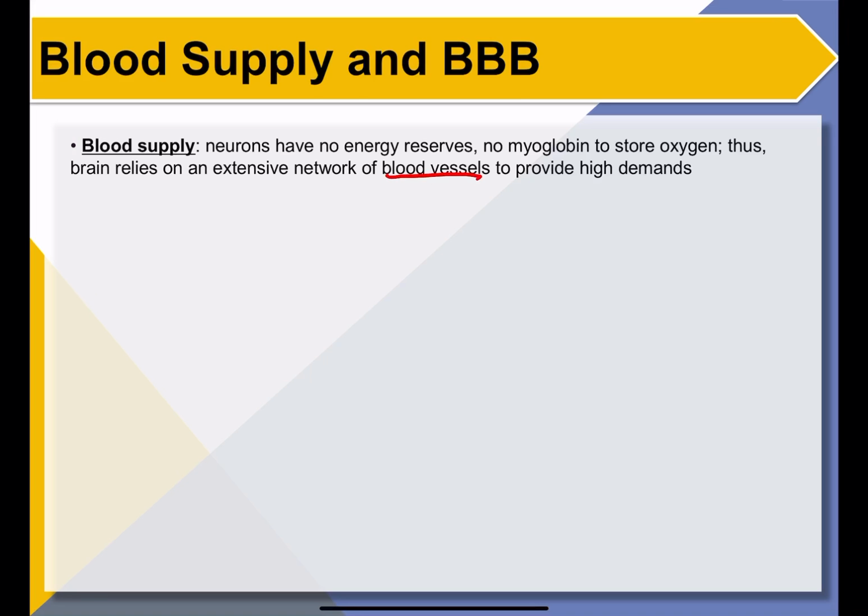We talked about last chapter how ATP is very critical for all the conduction of action potentials and resetting the ions back into their original positions using the sodium potassium pump. So that's why we need that constant good blood supply.